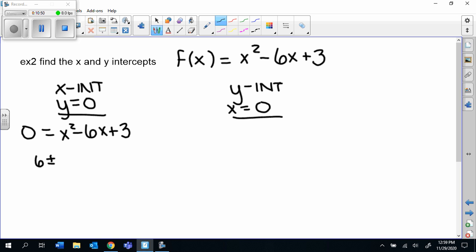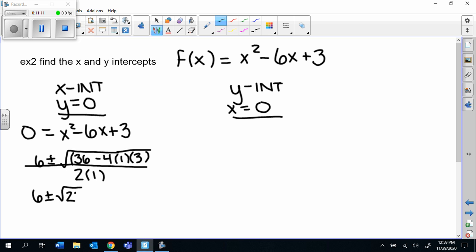Negative b plus or minus the square root of b squared minus 4ac, a nice little review from earlier in the chapter, all over 2a. So 6 plus or minus the square root of 36 minus 4 times 3, which is 12. 36 take away 12 is the square root of 24 over 2.